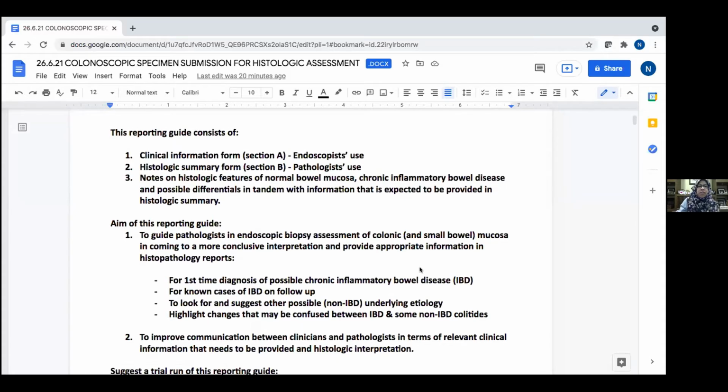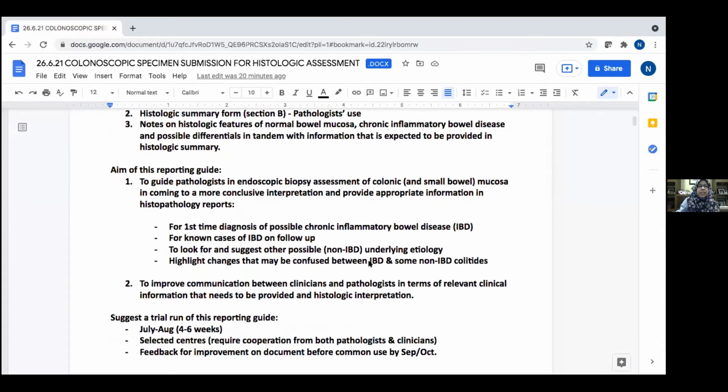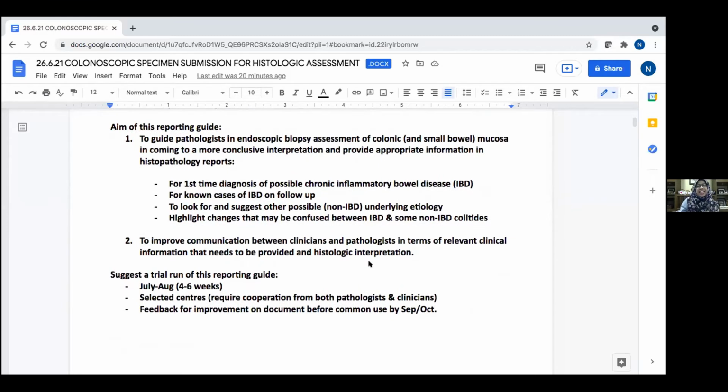The aim of this guide is, as the name says, to guide us in endoscopic biopsy assessment of colonic and sometimes small bowel mucosa, and hopefully to come to a conclusive interpretation of the biopsy, be it a first-time diagnosis of IBD or a known IBD case on follow-up, giving information that is useful for clinicians in following up their patients.